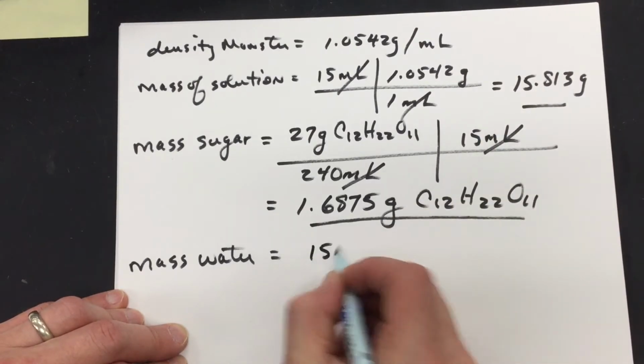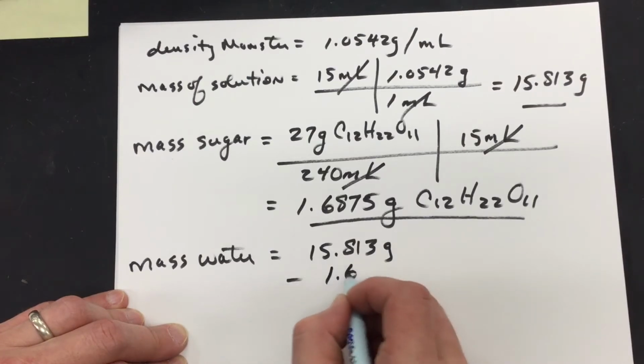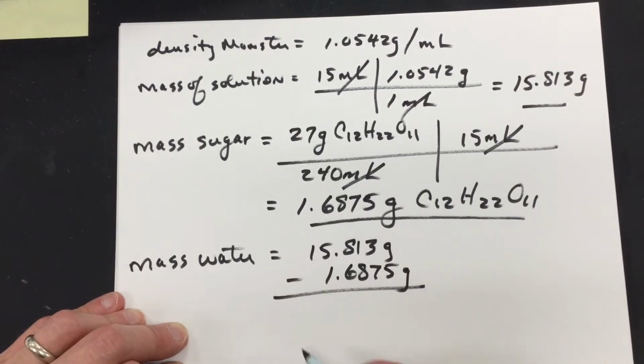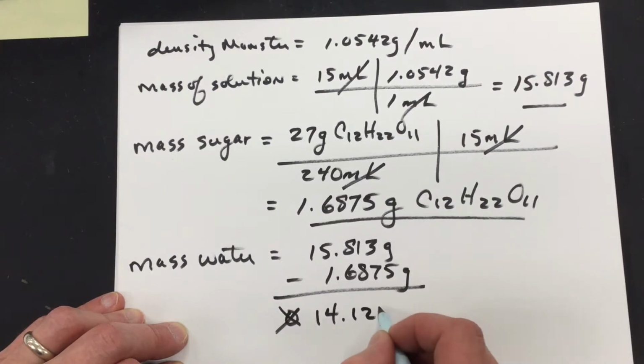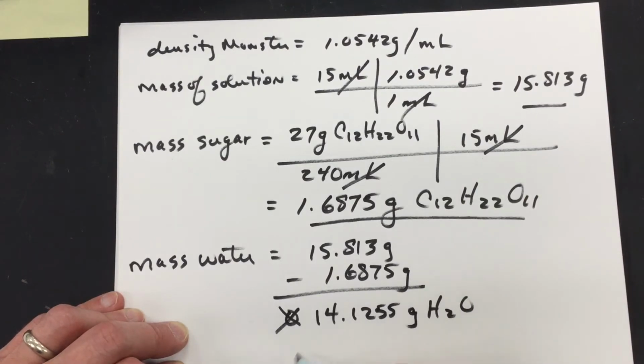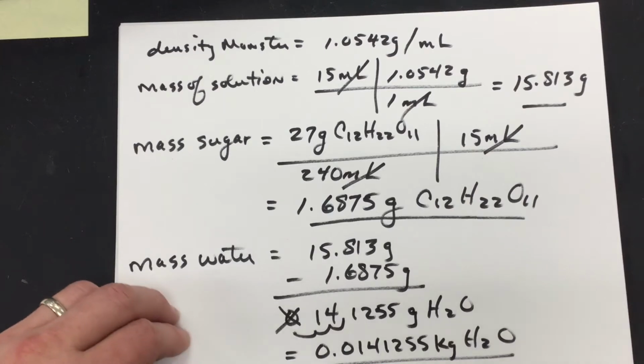So if I take 15.813 grams and I subtract 1.6875 grams, I'm going to come up with a total of 14.1255 grams of water. Remember, molality says we have to convert that to kilograms. So then that would be equivalent to 3 places to the left, 0.0141255 kilograms of water. Okay, so another piece.